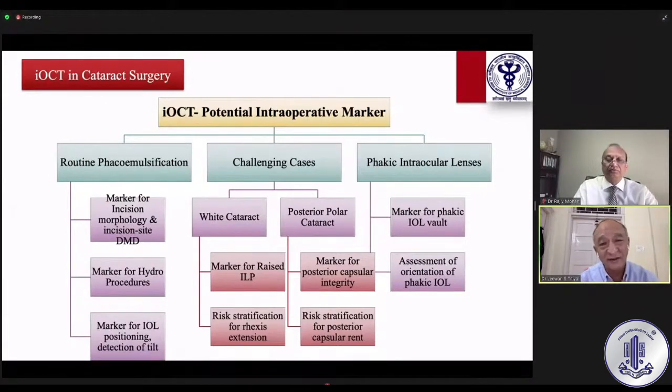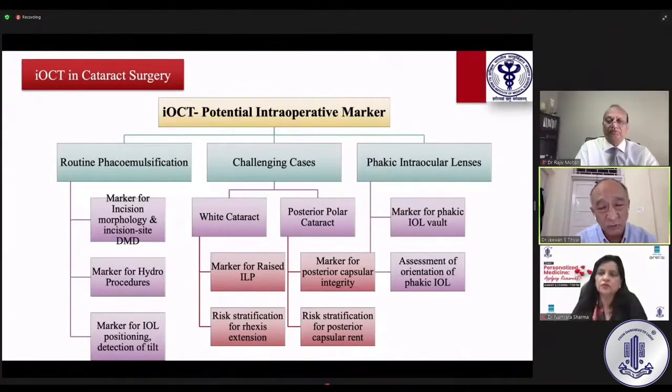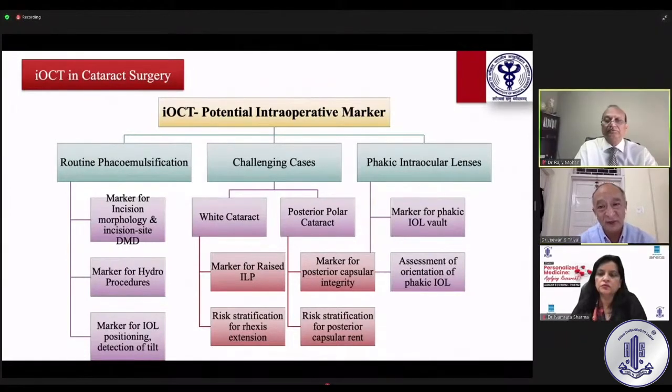Then we have challenging cases where IOCT would help in achieving the surgical outcome which is required for our patients. The third was phakic intraocular lenses, because when we started using IOCT for retina and cornea purposes, the first thing we realized was how we can measure this depth in these cases, and the phakic eye was one area where we could do that.